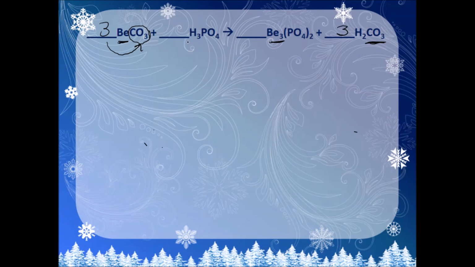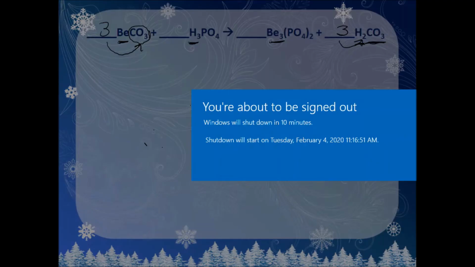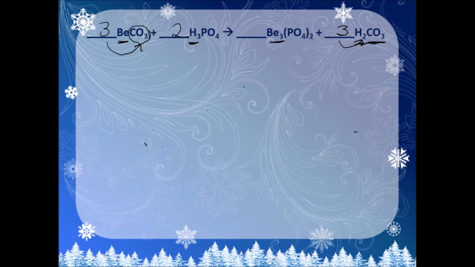How many H's? Okay, nope, 6. Yeah, we got a problem here. So we got 6 on this side. What do we have to multiply that 3 by in order to get 6? Oh, I'm sorry, 2.